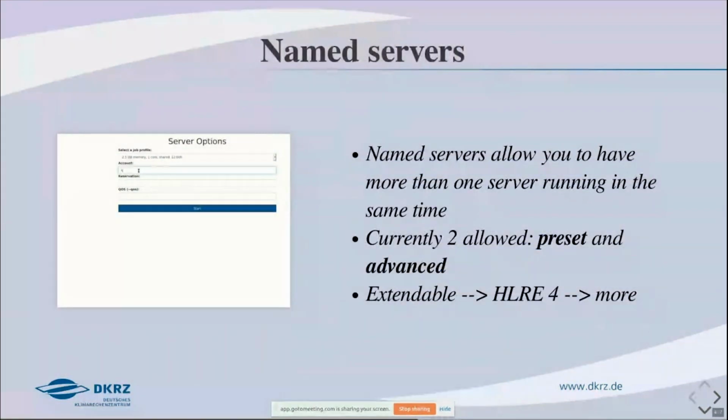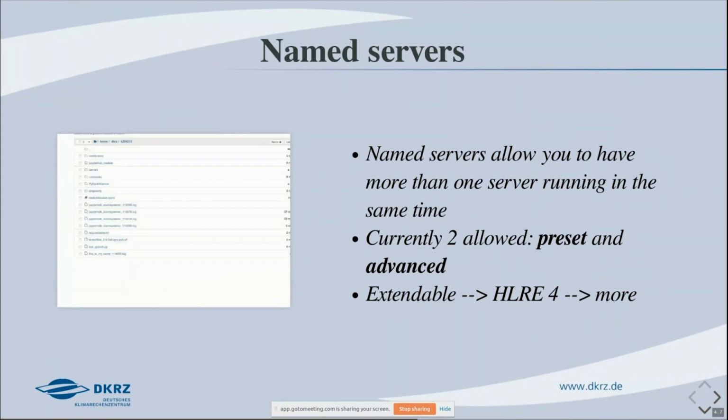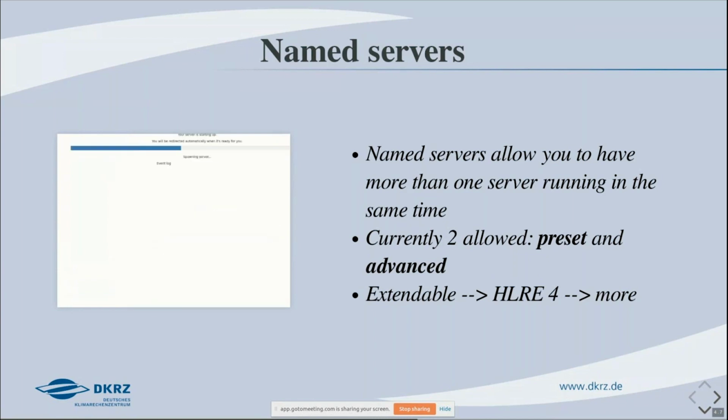The named servers are not a new feature in our deployment, but a new feature in the Jupyterhub software itself. This is what allows us to have more than one server running at the same time. Currently we have two allowed, preset and advanced, but we can have more.